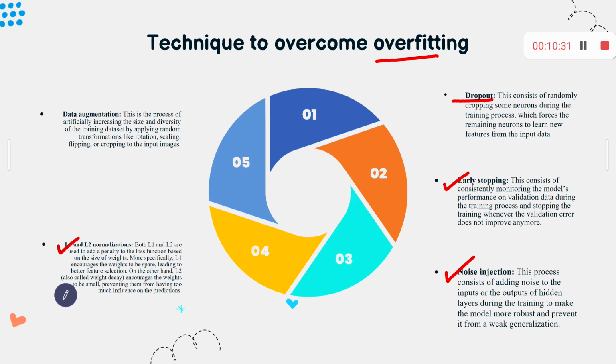Or you can do data augmentation, which means artificially increasing the data size so that more training takes place, by means of rotation, scaling, flipping or cropping applied to the images available with you.